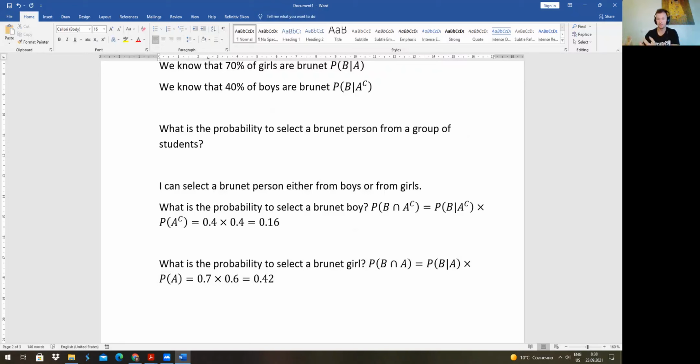So the probability to select a brunette boy is 0.16, and to select a brunette girl is 0.42. Now, what is the probability to select a brunette boy or a brunette girl? Because I want a brunette person out of the students group. This is the total probability, the probability of B: the first part 0.16 plus the second part 0.42, and in total I have 0.58. This is the total probability to select a brunette person out of a group of people.